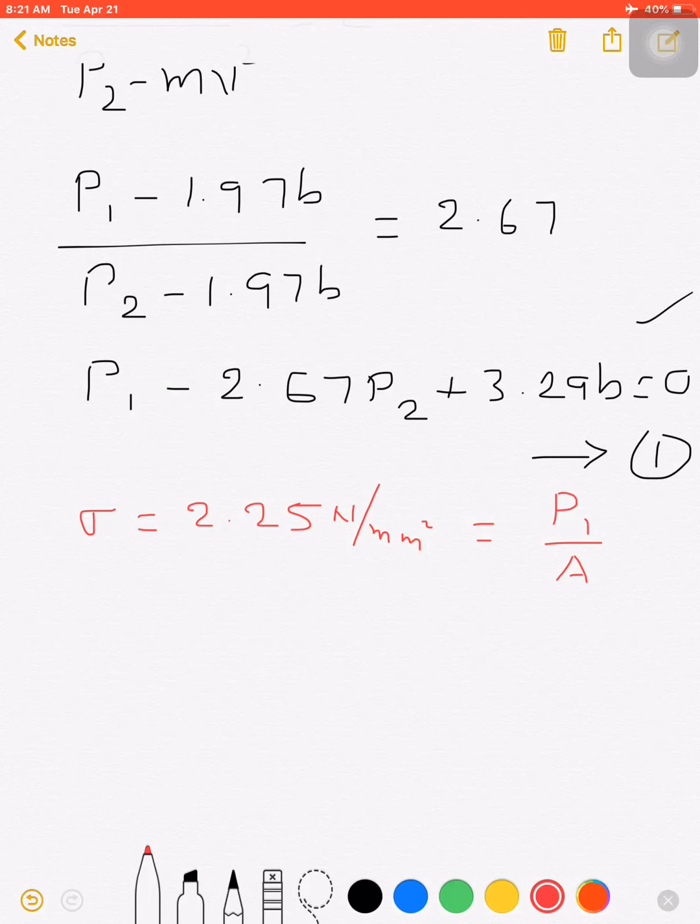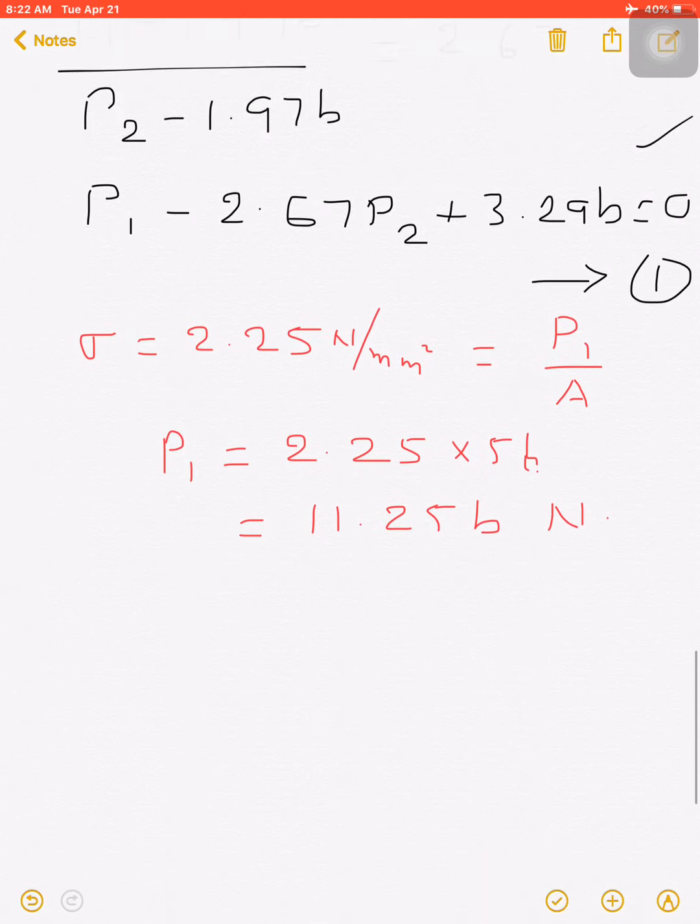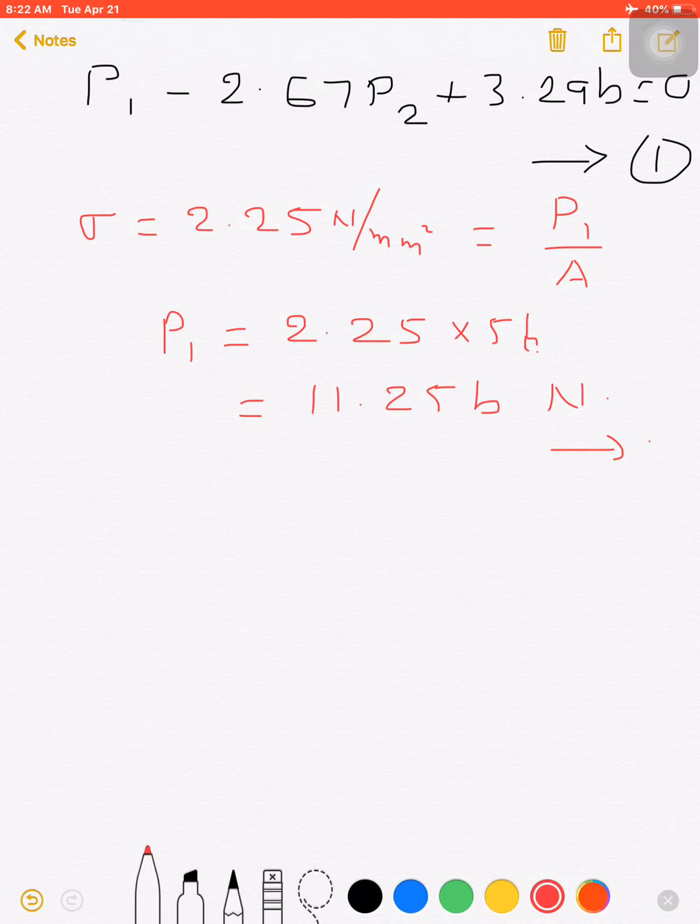Now the area is equal to width into thickness, the cross section area is equal to 5b. Now P1 is equal to 2.25 into 5b, which is equal to 11.25 b Newton. Now this is equation number 2.